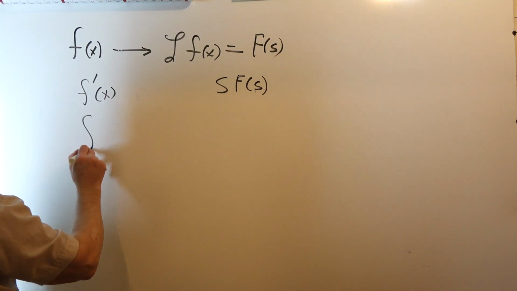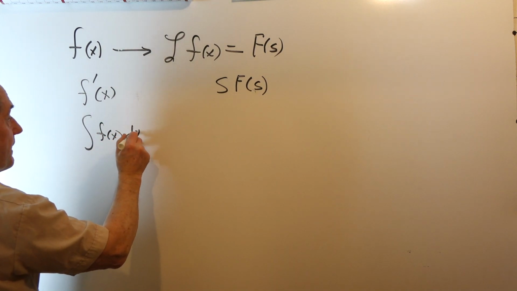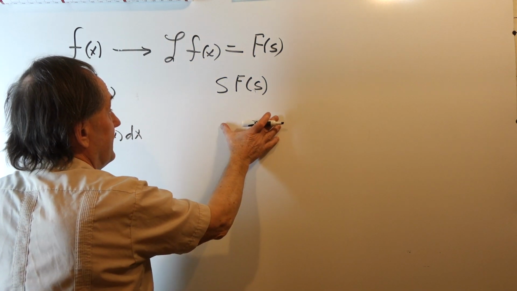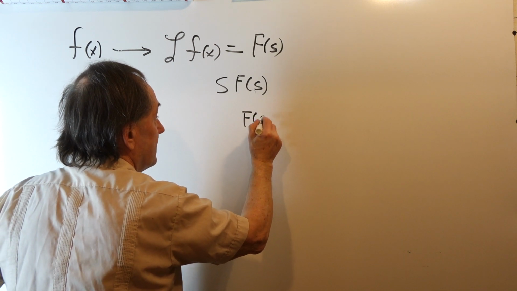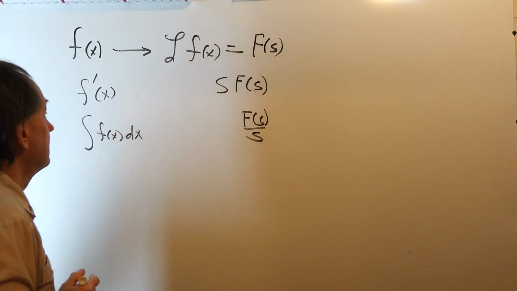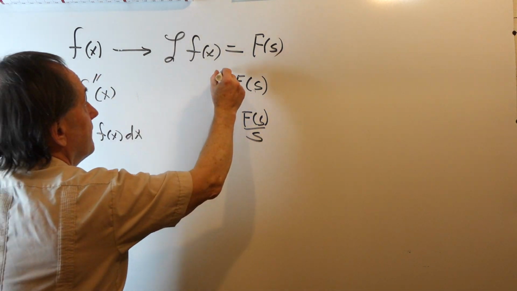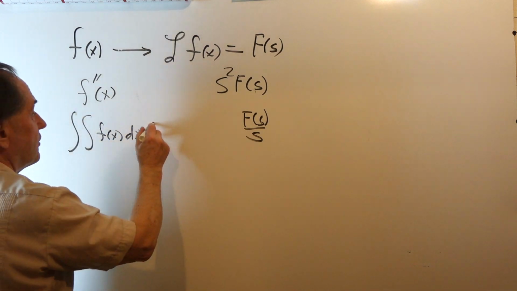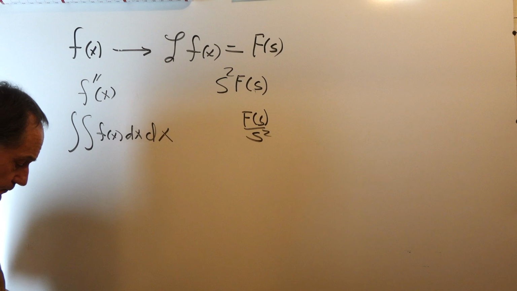And if I integrate f of x and operate in the Laplace domain, we just take the transform function and divide by s. And if we take the second derivative, we multiply by s squared. And if we do a double integral, we divide by s squared, and so on.